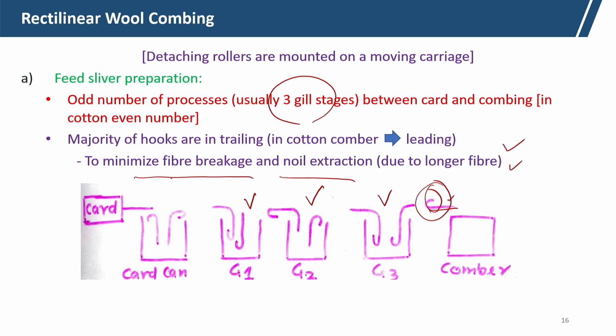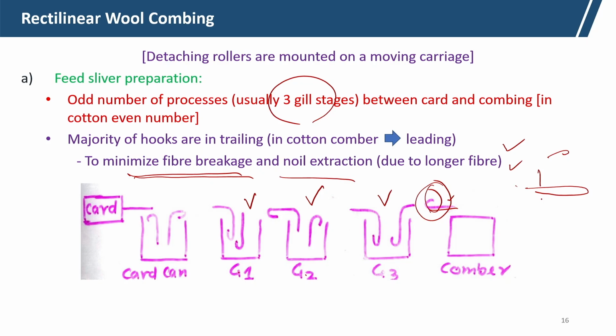result in lower fiber breakage, because in the case of wool, the fibers are very long, and these hooks are not just like cotton fiber hooks; the hooks will act as a loop.